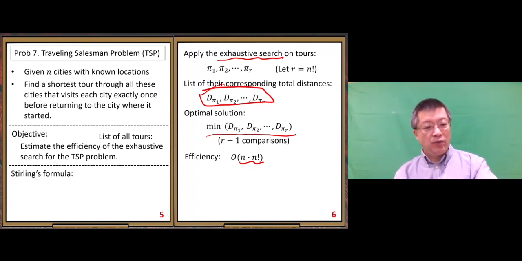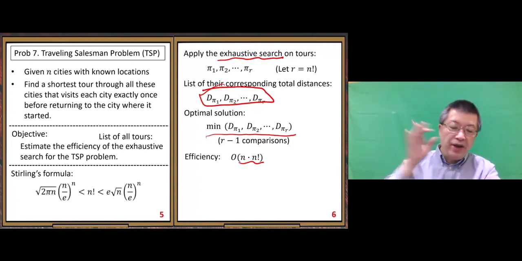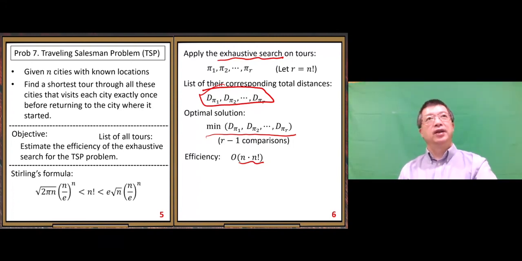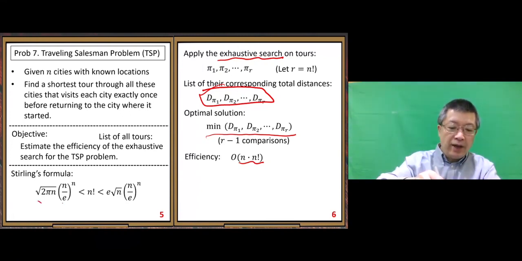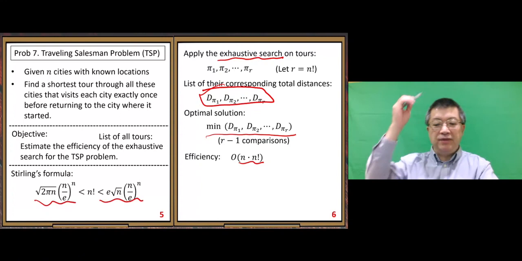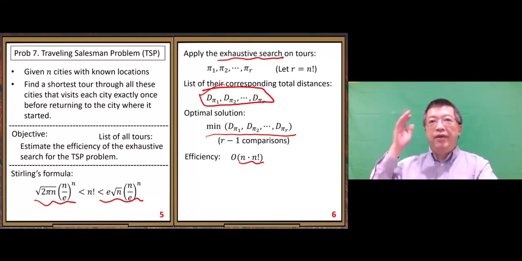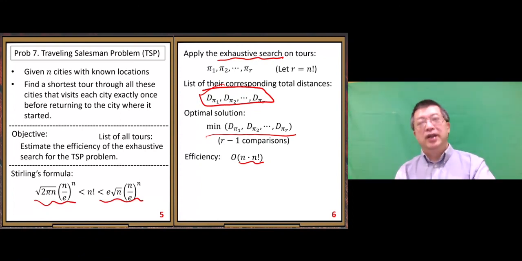So we need to use the Stirling formula another time. We use this version, with a lower bound and upper bound of n factorial. With this formula, we can estimate the asymptotic notation.